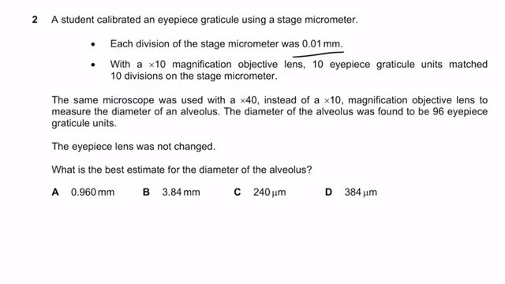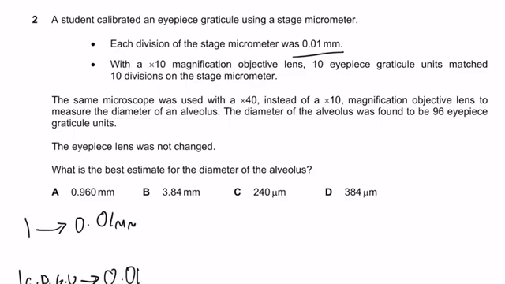Interesting. So let's immediately match up the stuff that we have so far. One stage micrometer unit is 0.01 millimeters, and 10 stage micrometer units match up with 10 eyepiece reticle units. Therefore, we can assume that one eyepiece reticle unit is the same length as one stage micrometer unit under the same magnification.